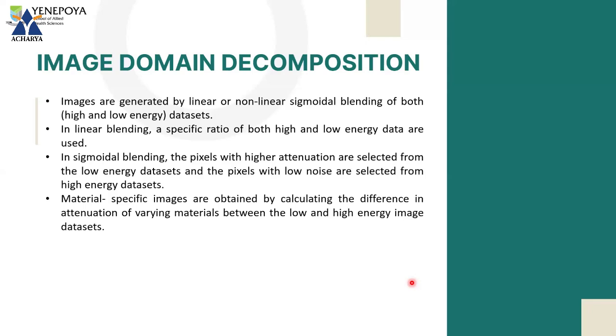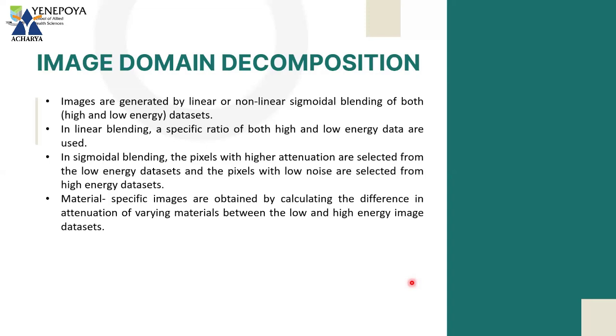If you are using sigmoidal blending, you take the low energy data set, acquired at 80 kV or something like that. The pixels with very high attenuation, you select, and the pixels with very little noise are selected from the high energy data set.